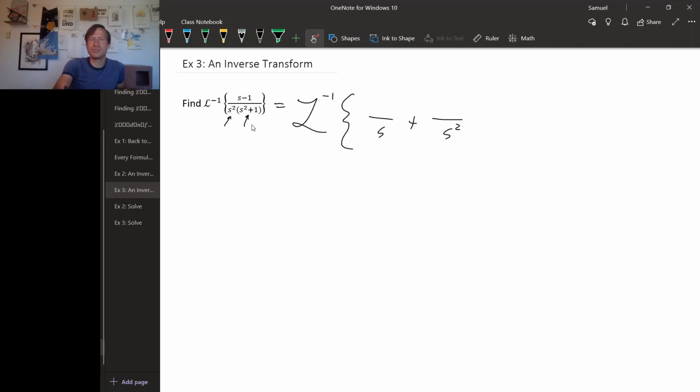And then there's an irreducible quadratic, that means we need a term in our partial fractions decomposition that has that irreducible as its denominator. And our unknown constants are going to be a, b, and you have to be careful about terms that have an irreducible quadratic, because the numerator isn't just a constant c, it's actually cs plus d.